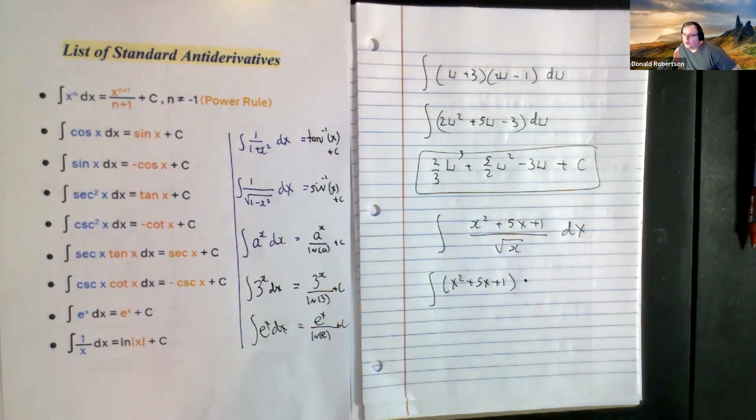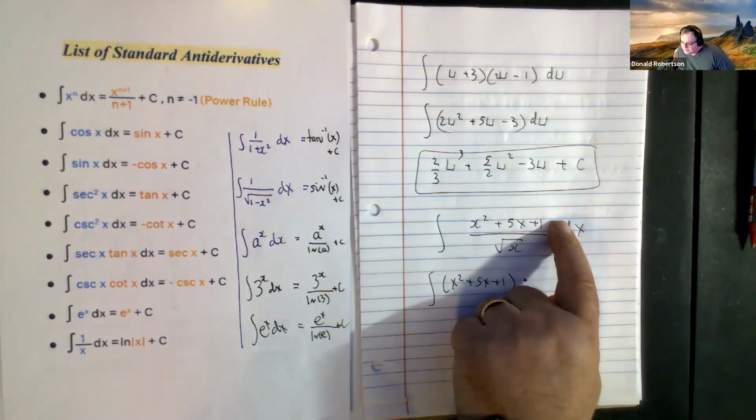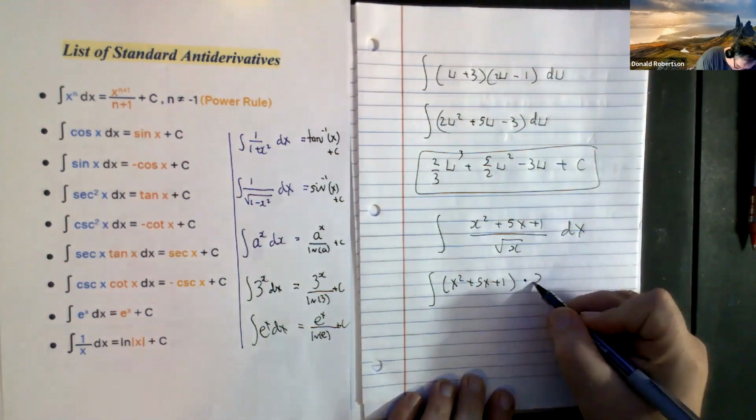So there's a clue. What would I multiply it by? Isn't it x to the negative 1/2? You nailed it, Vanessa. It is x to negative a half, right? Square root in the bottom, negative power on the top.